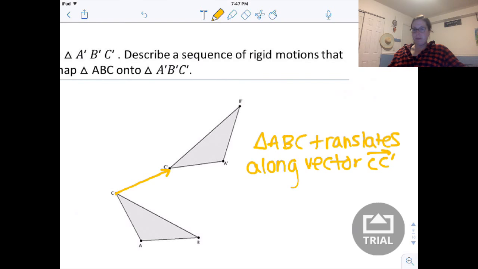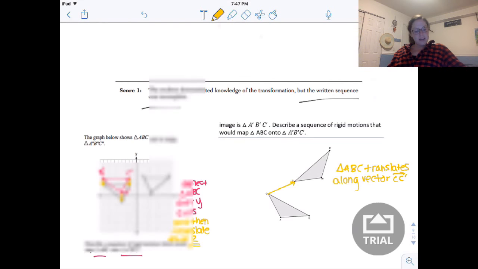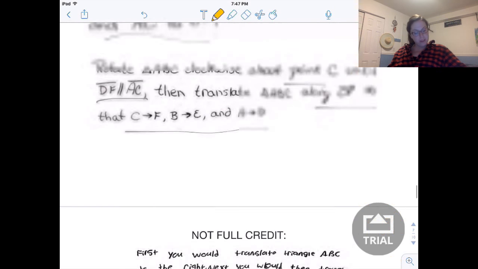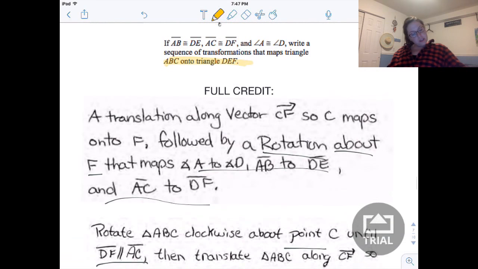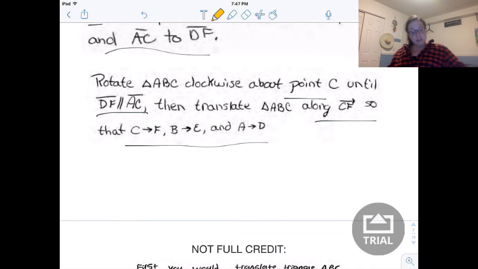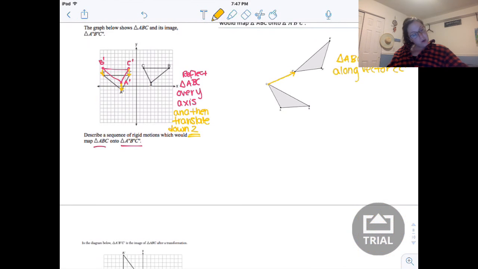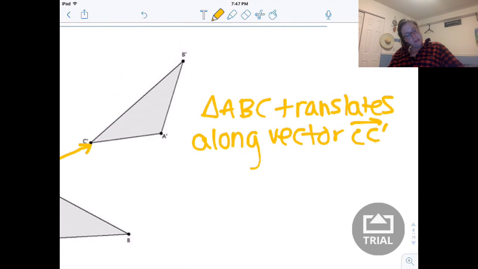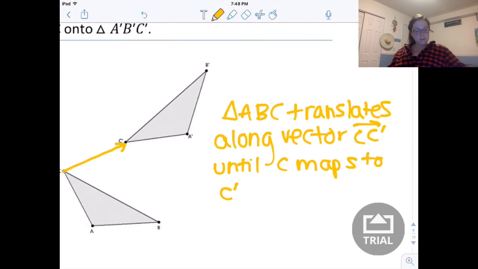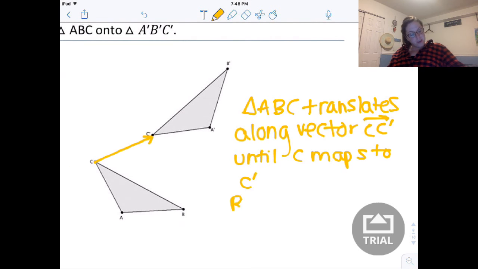And let's look back at the example one, make sure we're being thorough. Translation along vector whatever CF, so C maps to F. So I'm going to make sure my mapping's in there. So along vector C, C prime until C maps to C prime. And then it's going to rotate.